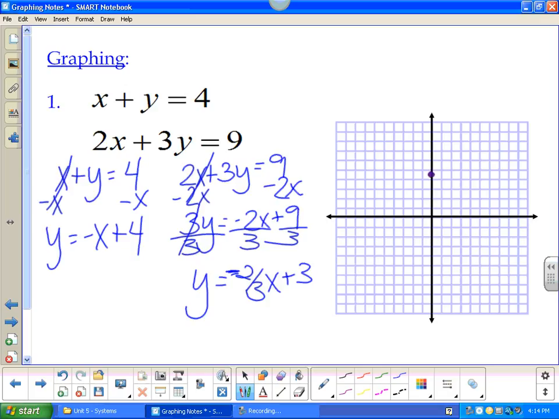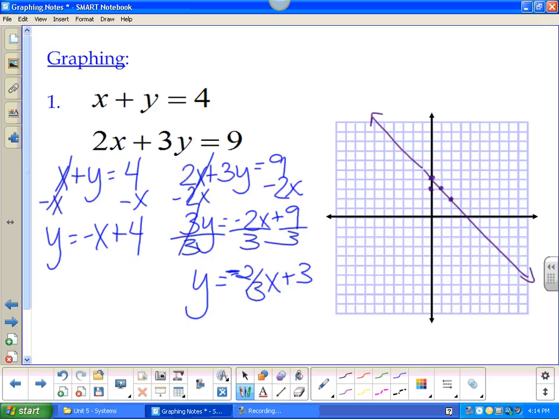Ooh, that's off. Let's try that again. And then I'm going to go down 1, right 1. And very carefully draw my line. For my next equation, I'm going to go up 3.